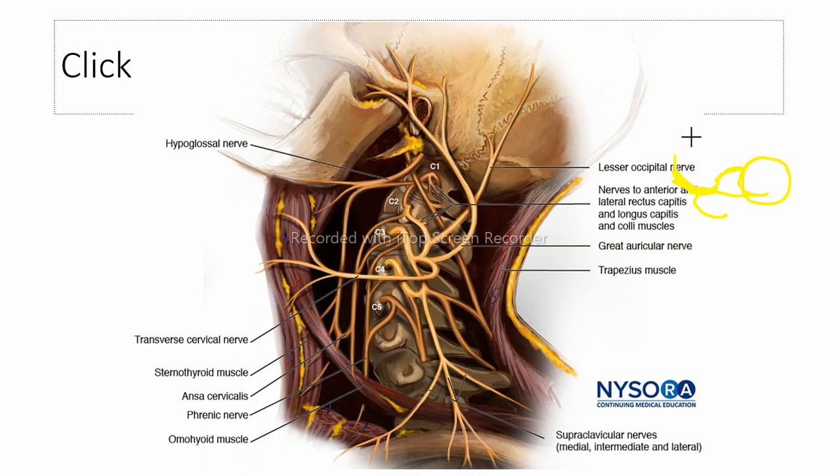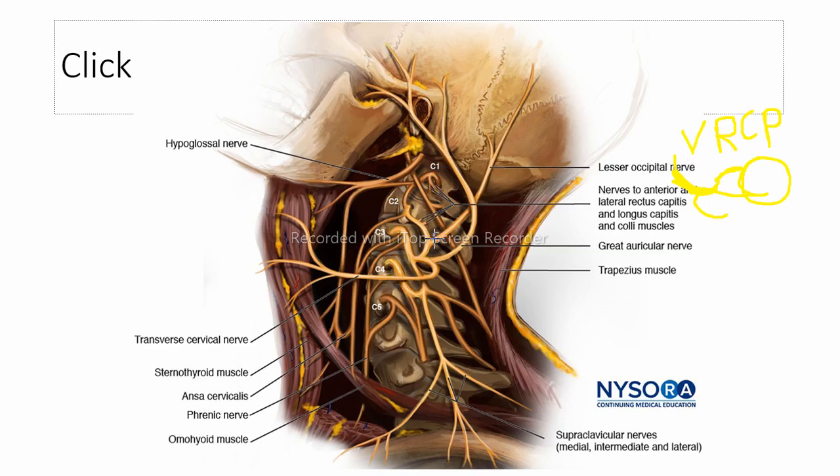The ventral rami form the plexus, the cervical plexus. How is the cervical plexus formed? The cervical plexus is formed by the upper four cervical nerves, C1, C2, C3 and C4 nerves, the ventral rami of C1, C2, C3 and C4.